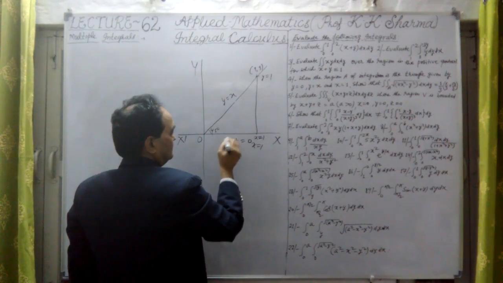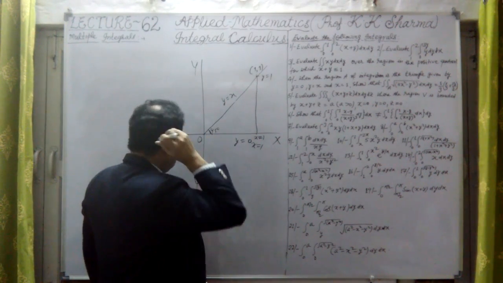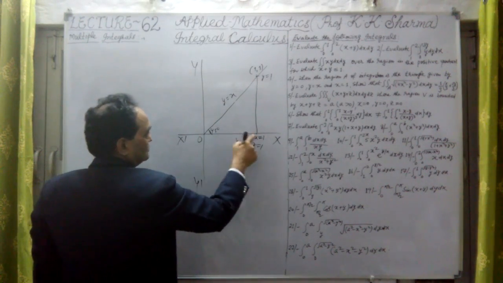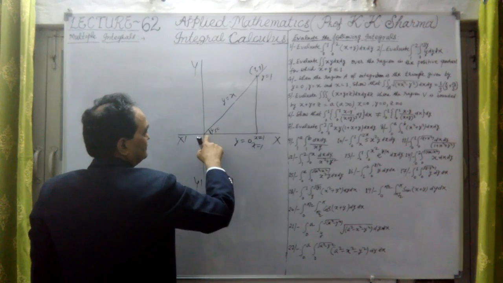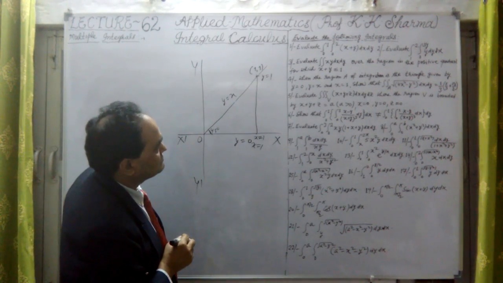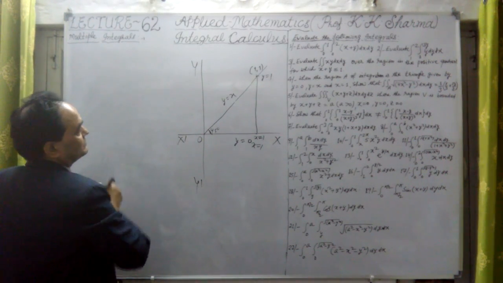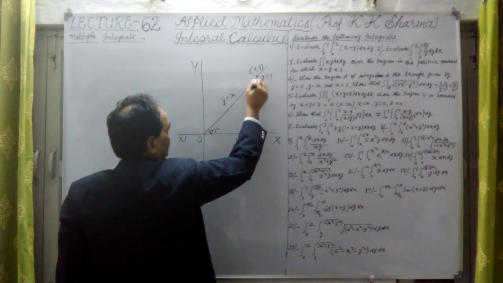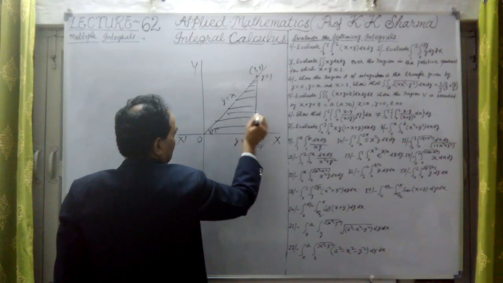Now what are the limits of the double integral? For the x coordinate it is 0 to 1, and y is also 0 to 1. Let me take that region; this is the closed region.